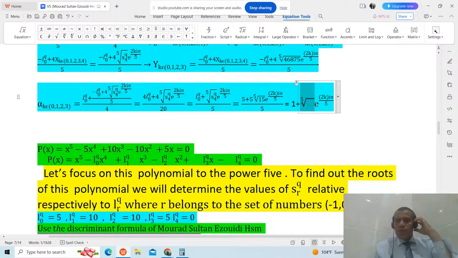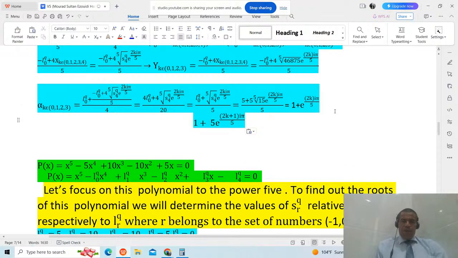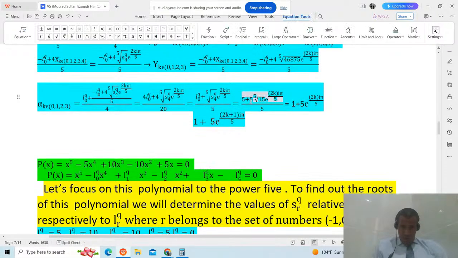Divide by 5, yes, it will be 1 only. Yes, like that. So this is 5. It is times 20. 4 times 5 is 20, yes.